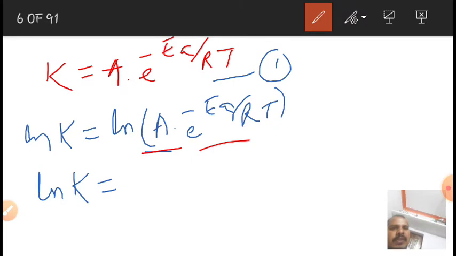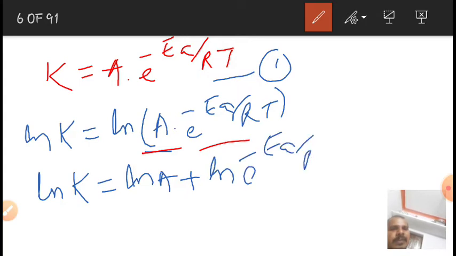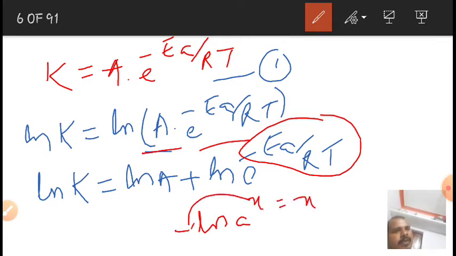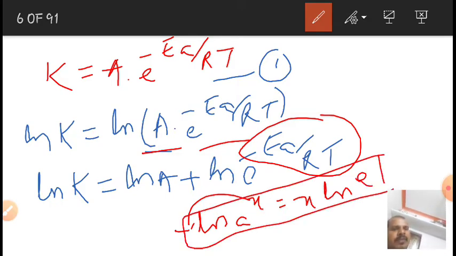So then ln A plus ln e to the power of minus Ea by RT. Next, there is a formula: ln a to the power of x is equal to x ln a.